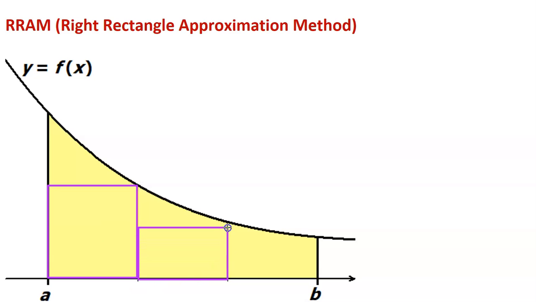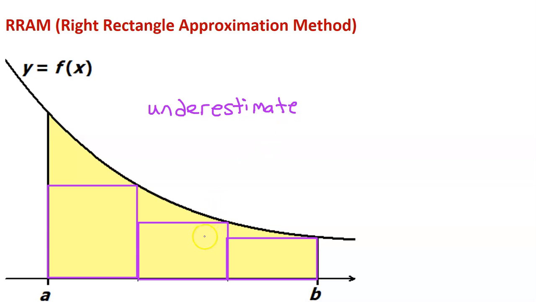You can probably see that this is going to be an underestimate because these rectangles are leaving out some of the area that's under the curve.